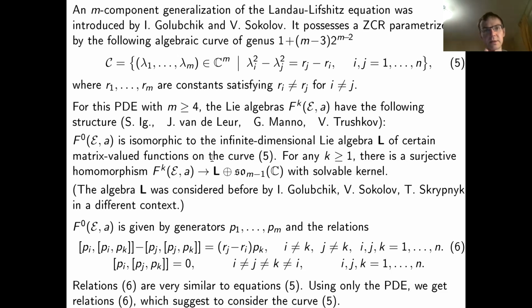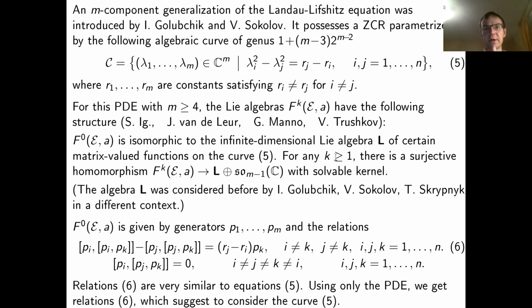So F^0 is isomorphic to the infinite dimensional algebra of certain matrix valued functions on the curve, which is not surprising because this part L comes from the known zero curvature representation.